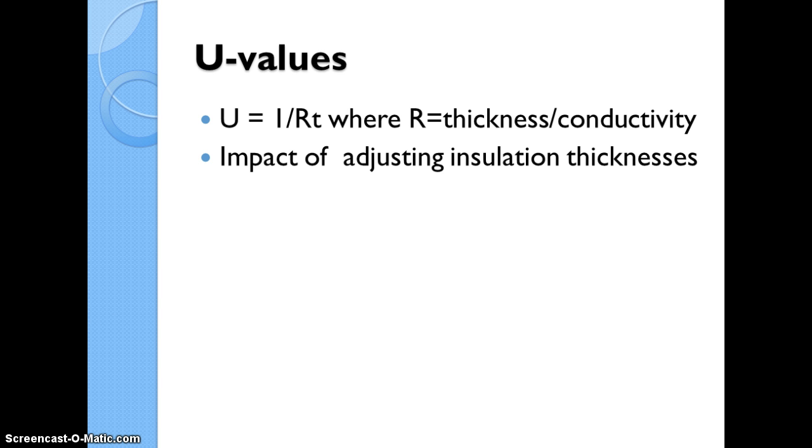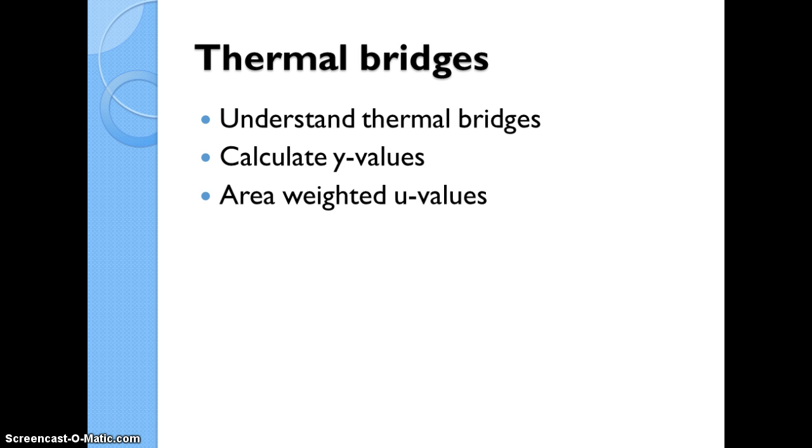You need to understand U values, so U values are arrived at by inverting the total resistance, where resistance is calculated by dividing the thickness of the element of the wall or the form of construction by the conductivity of the material used. You need to understand the impact of adjusting insulation thicknesses.